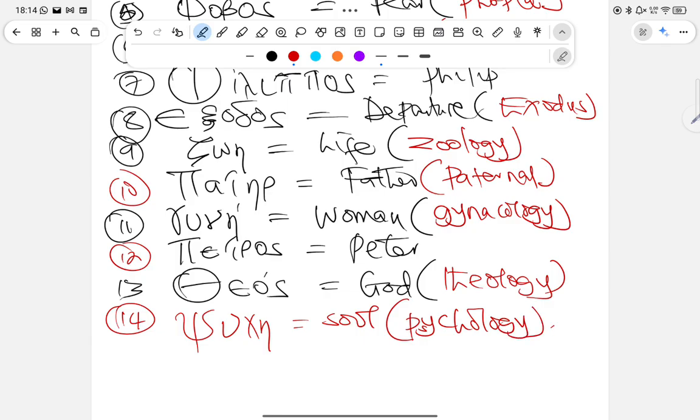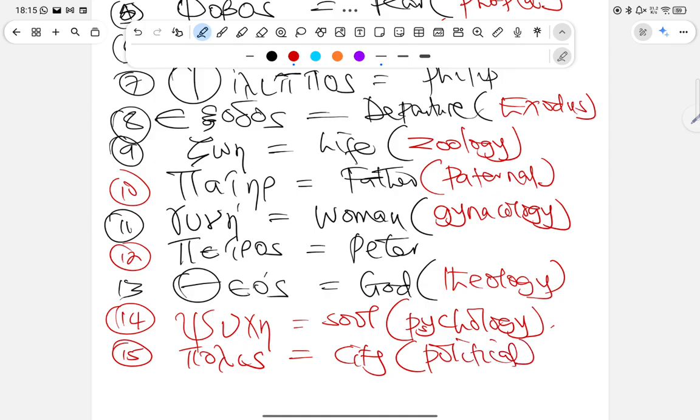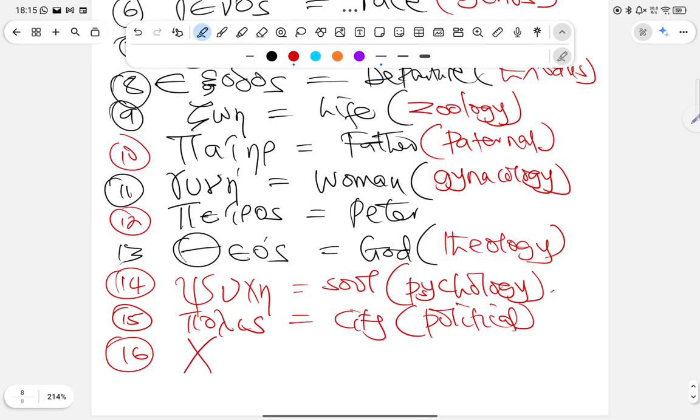Two more. At least this next 15 is polis, where we get the word city, and you can think of political. 16, and lastly is, this is rho.